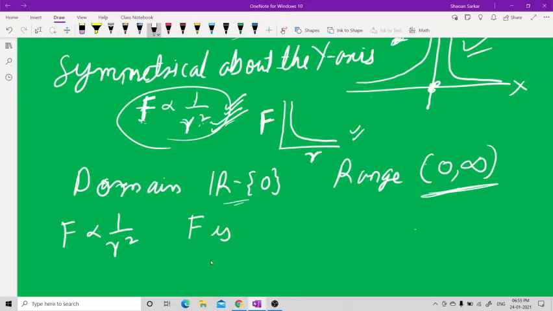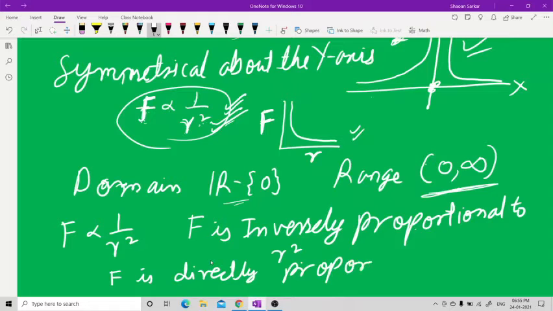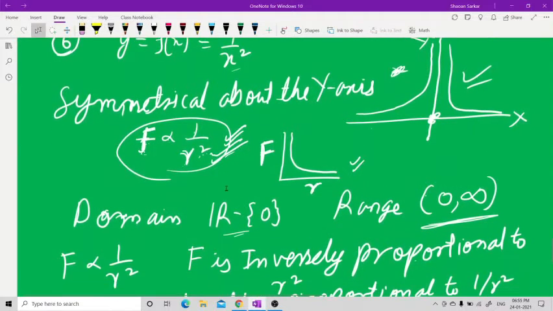I could have written f is directly proportional to 1 by r square. Now if I do one change in this figure, see what happens.